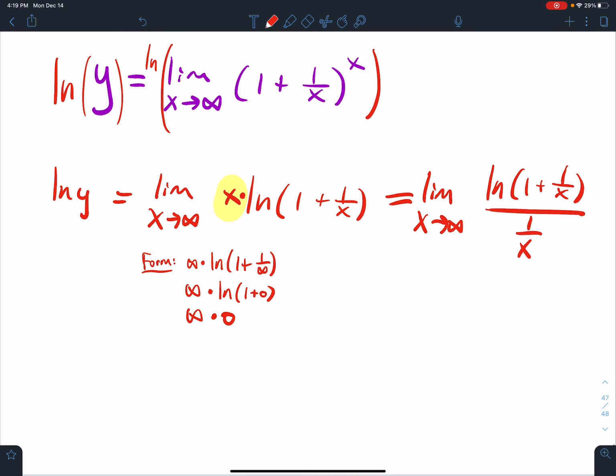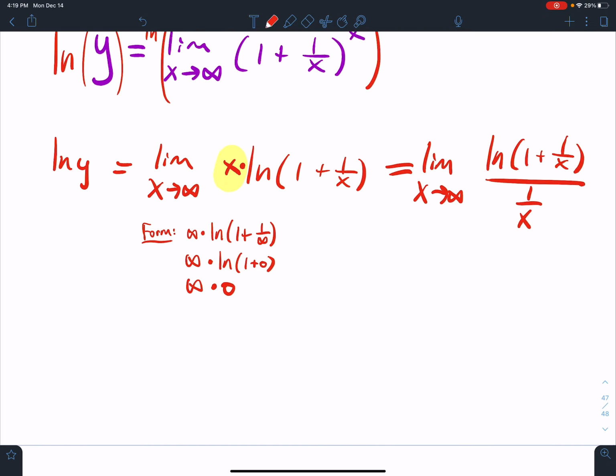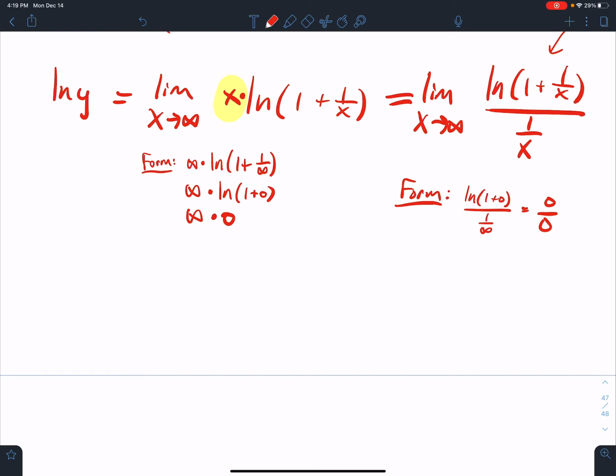So now when I check the form, once again, this ends up getting me ln of 1 plus 0 over 1 over infinity. So 0 over 0 form, I'm ready to use L'Hopital. So I'm going to use L'Hopital. Limit x goes to infinity.